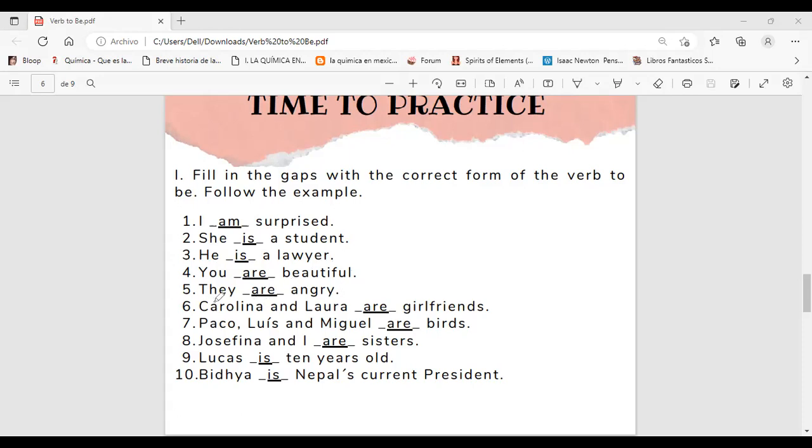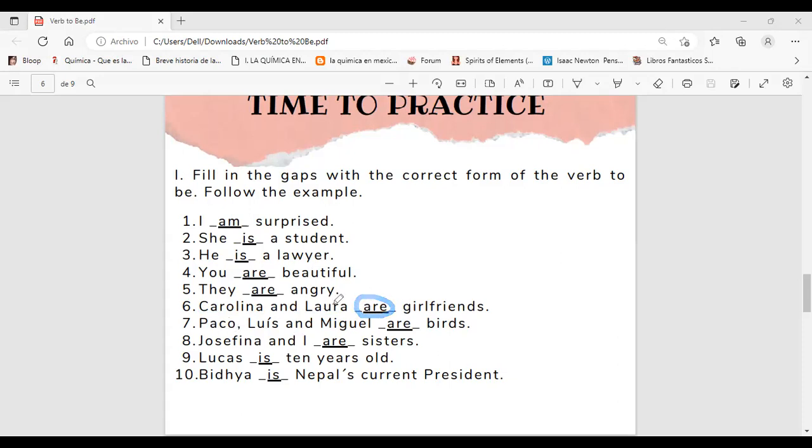Now, esta siguiente parte es parte de lo que debieron de haber practicado in the last session with the pronouns. But now, Carolina and Laura. We are talking about 2 people, Carolina and Laura. So they are plural. And if you remember, I told you, les dije, that every time something is plural, we use are.